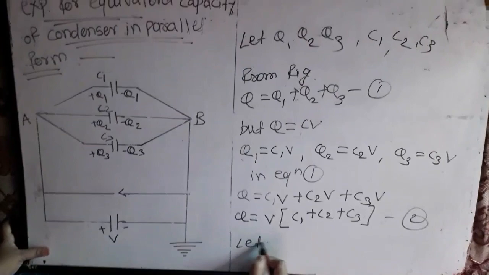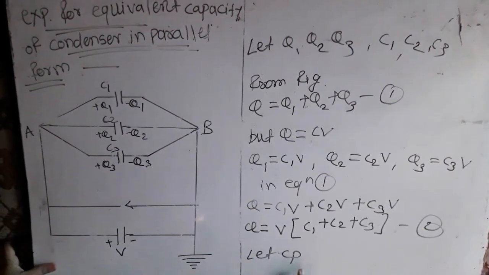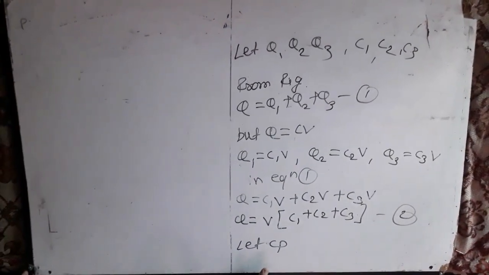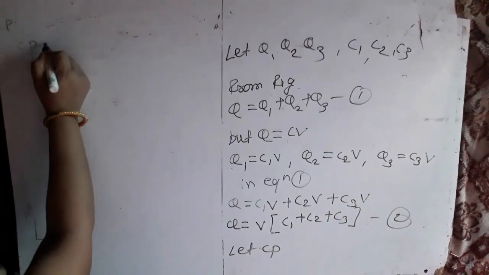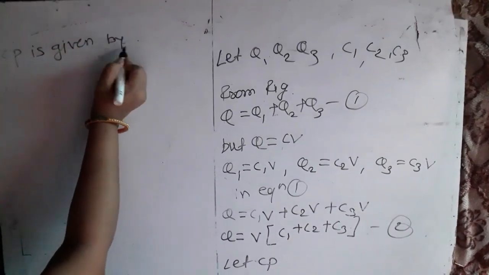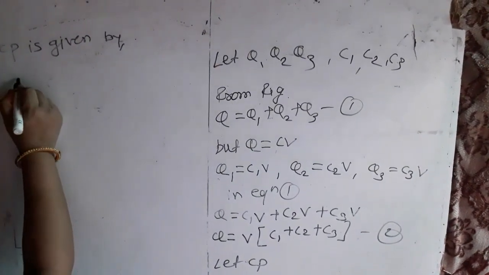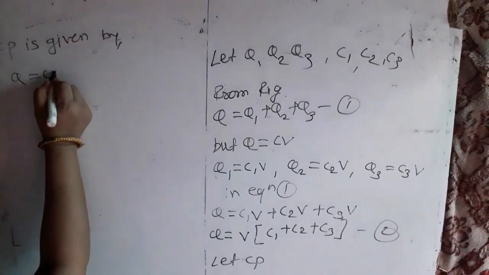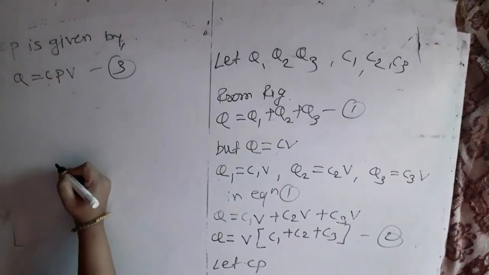Let CP be the equivalent capacity in a parallel form. Let CP be the equivalent capacity of the parallel combination. So Q is equal to CPV. Equation number third.